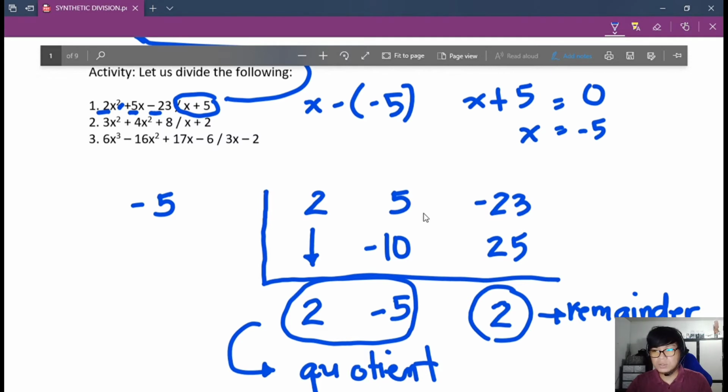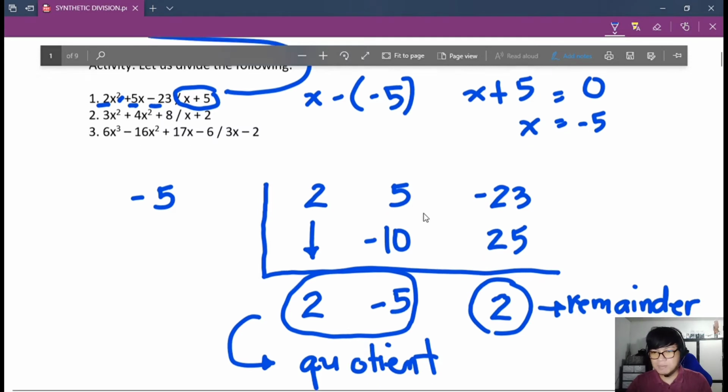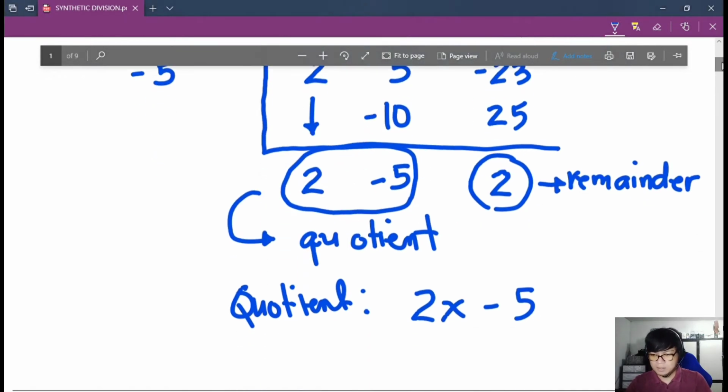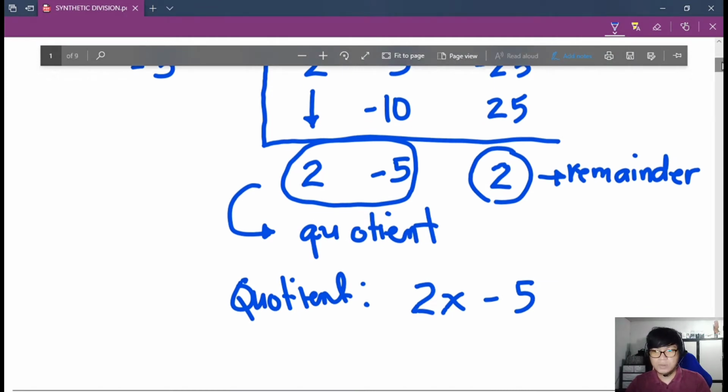So, 2 minus 1 is 1. So, ibig sabihin ng ating degree ng quotient natin is 1. So, that is why the answer here is 2x minus 5.